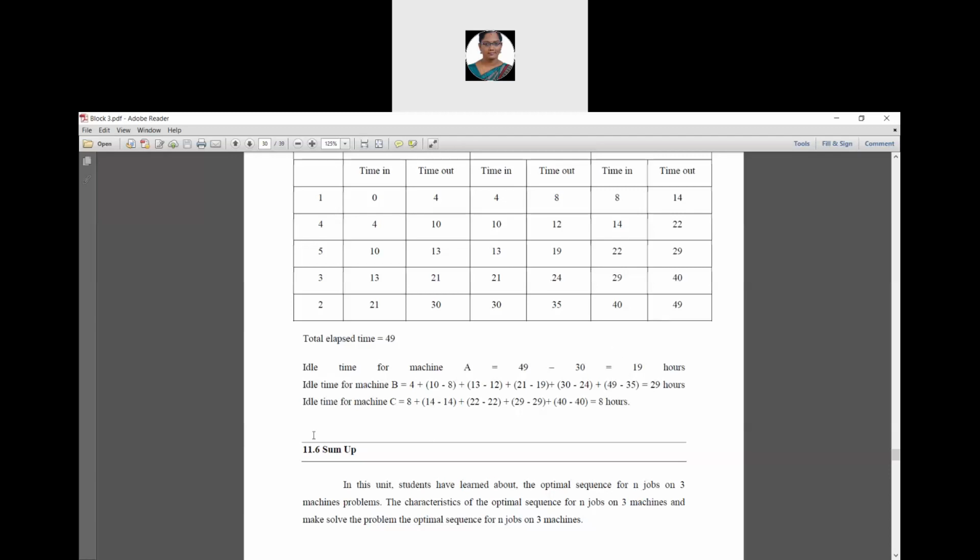Then the idle time for machine C is the first in value 8 plus the difference between 14 and 14, the difference between 22 and 22, the difference between 29 and 29, the difference between 40 and 40. It is 8 hours.